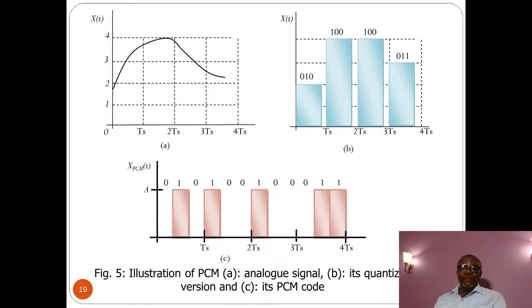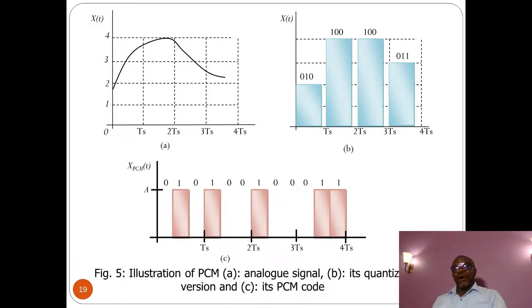Then from point 2TS in Fig C is transmitted the third blue pulse in Fig B. So it transmits a 1, then 2 blank spaces. And the fourth one, which is 3, 011, it transmits a blank 0 and 1 pulse and 1 pulse.